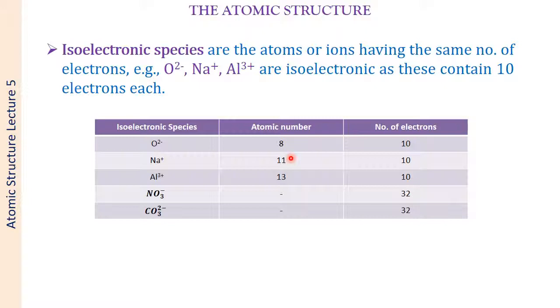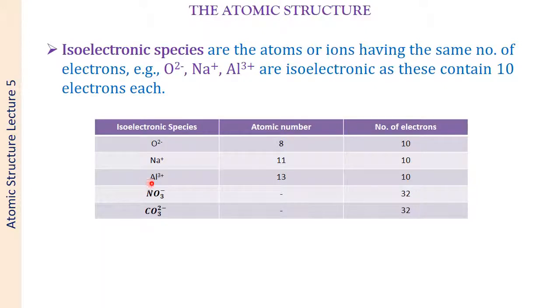So for the neutral atom, the number of electrons are also 11. But plus here means that this is a cation. A cation is formed when a neutral atom loses electrons. So sodium plus 1 means it has lost 1 electron. So 11 minus 1, it has 10 electrons.